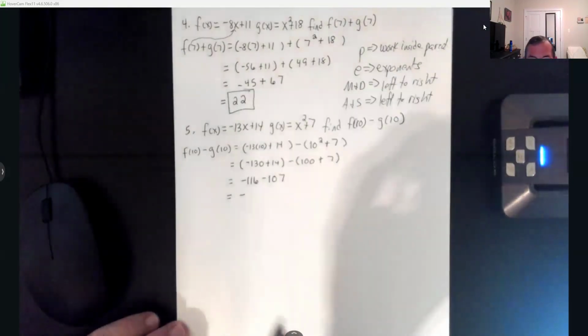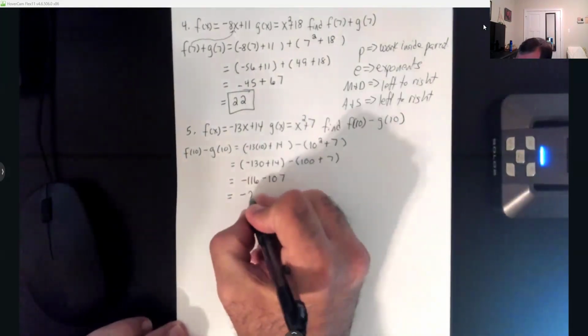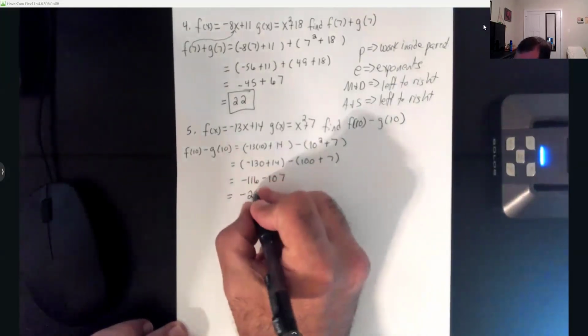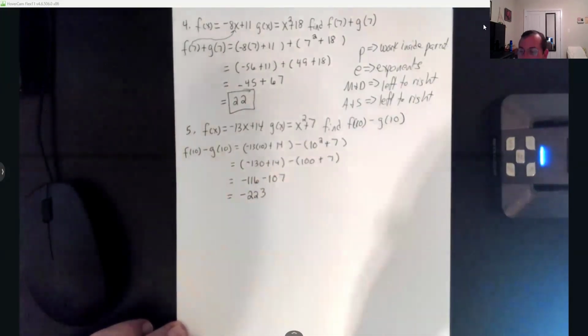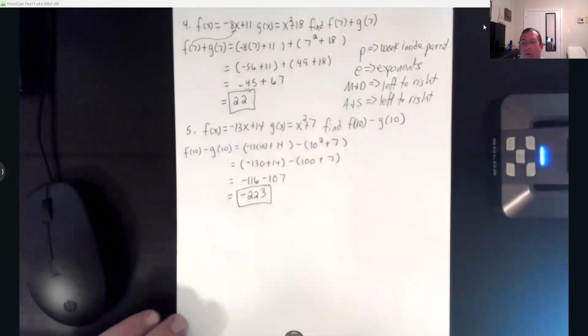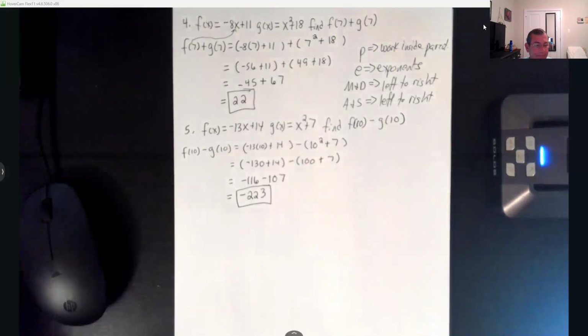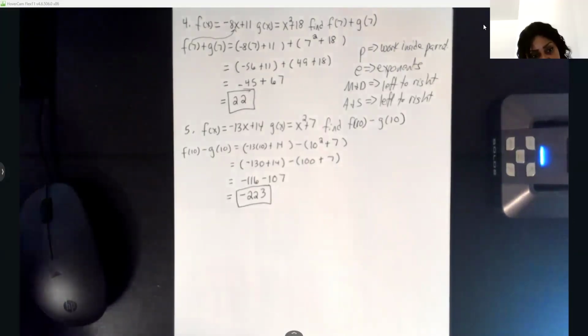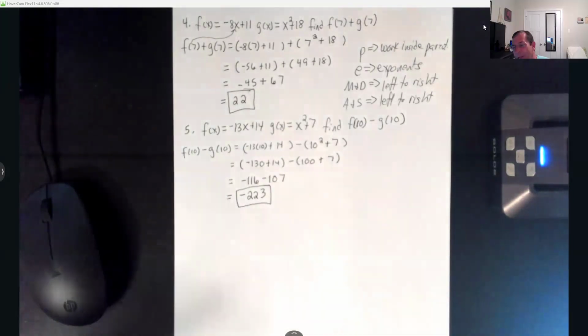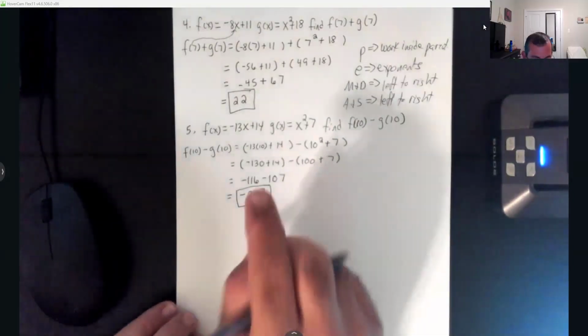A negative 2 something, y'all. 16 and 7 is 23. So we get a negative 223. So really on these, it's just keeping up with some signs.